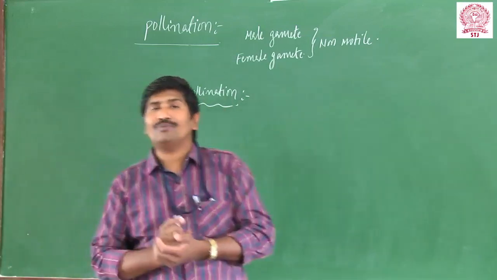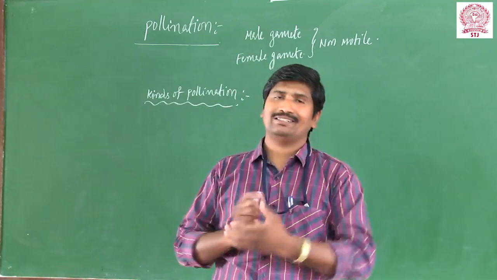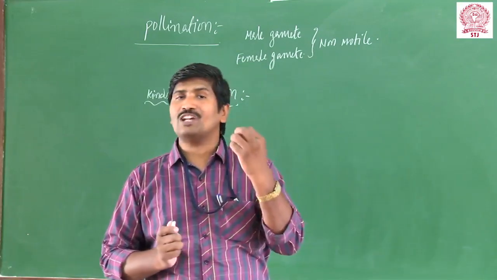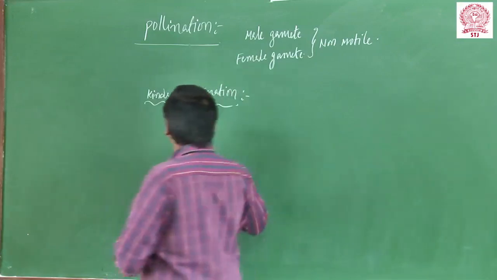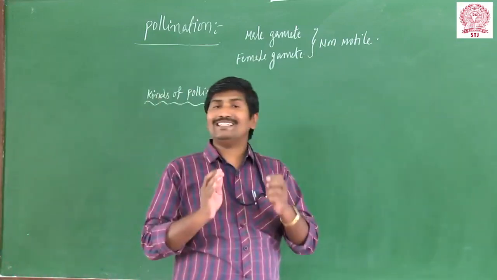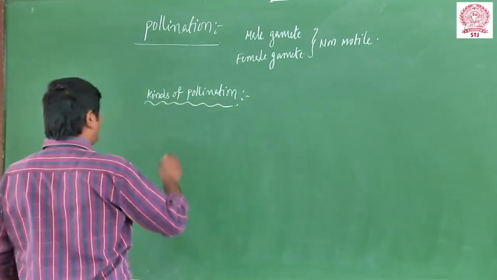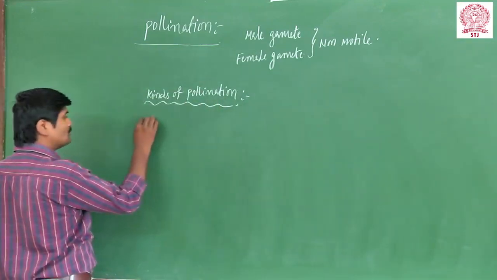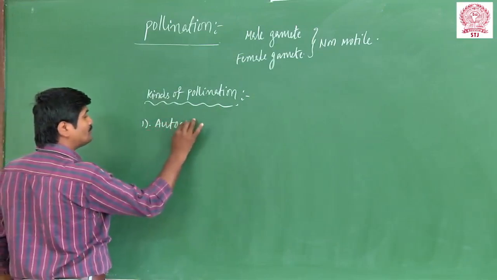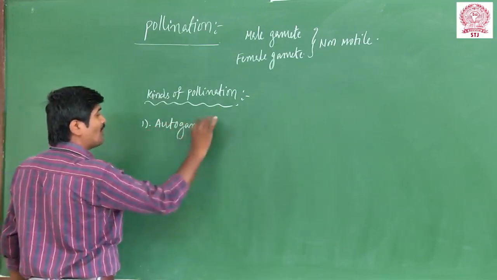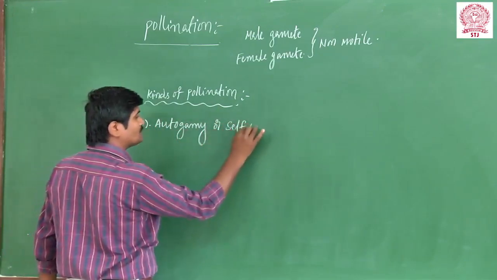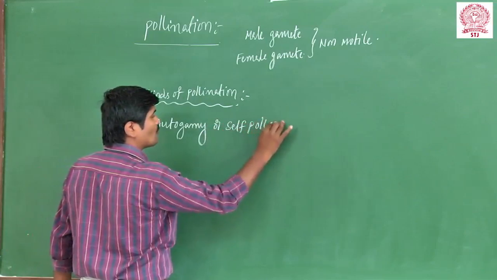On the basis of the source of pollen, pollination is divided mainly into three types. First type, autogamy or self-pollination.